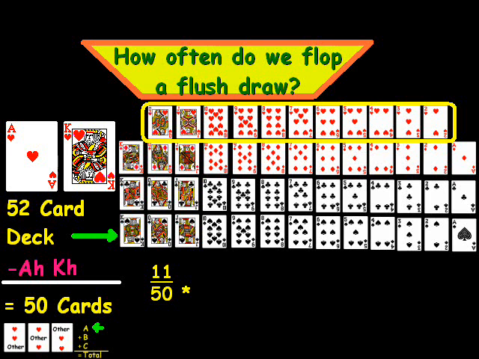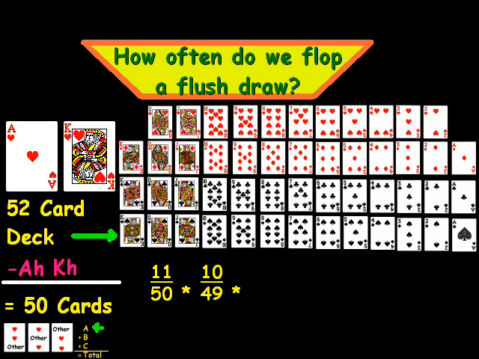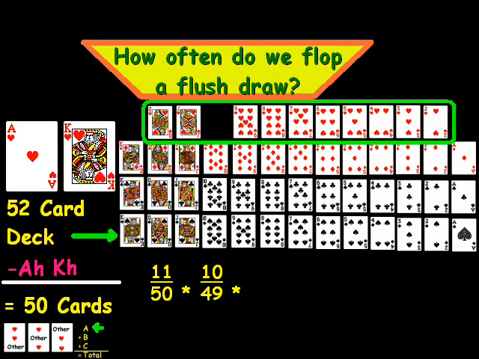Okay, next we would multiply that by the total number of hearts there are for the second heart, and in this case we have not 11 hearts, we have 10 hearts. We have to take away 1 heart, and we're taking away 1 card, so instead of having 50 cards we have 49, so 11/50 this time, 10/49.